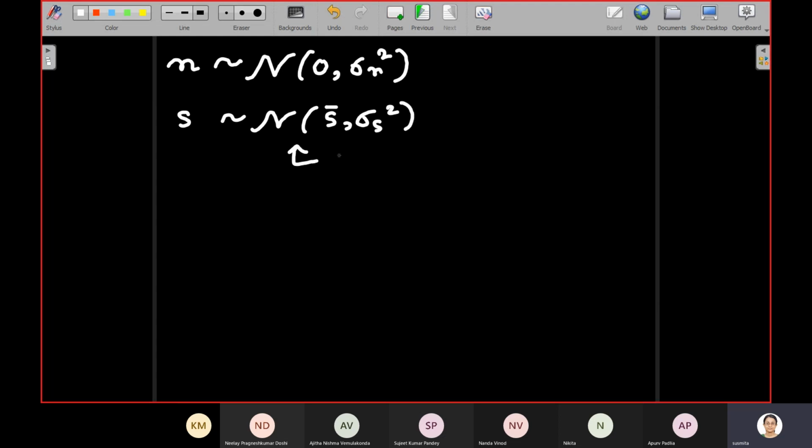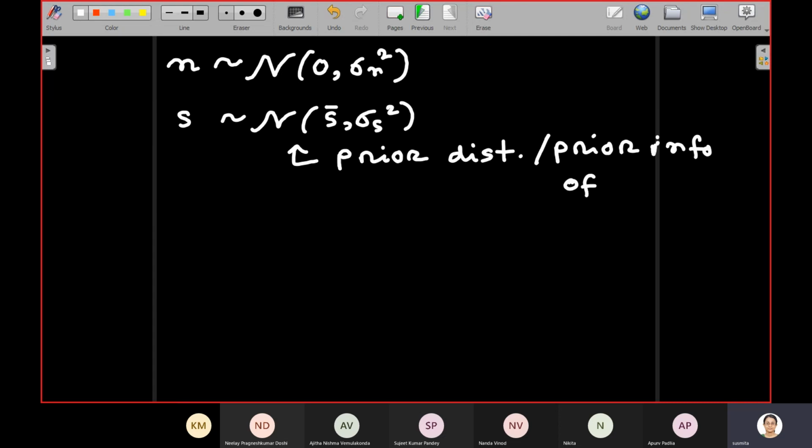So this is called the prior distribution, prior information of S. Okay, so before proceeding further, we know that from some prior knowledge, S is distributed as Gaussian, with mean S bar and variance sigma S square.